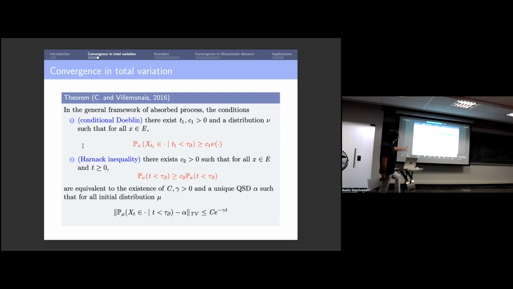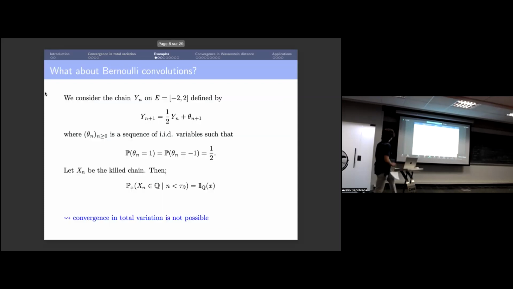Okay, and so given these two conditions, actually these two conditions are equivalent to the convergence in total variation of conditional distributions of the process with exponential speed and uniformly with respect to the initial distribution mu.